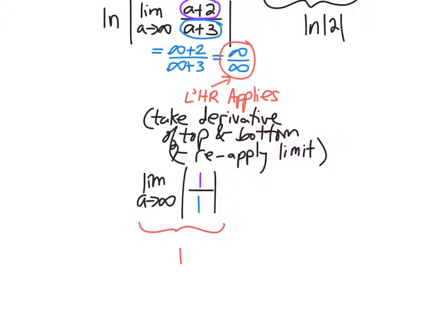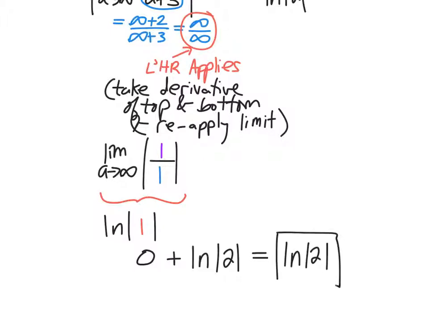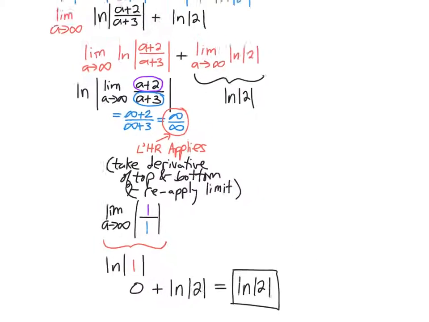So this amounts to just a 1, which I can now take the natural log. Natural log of 1 is 0. All right, 0 plus the natural log of 2. So the result would be the natural log of 2.